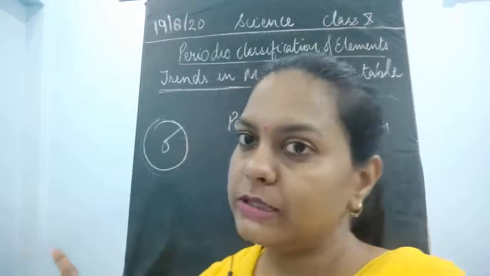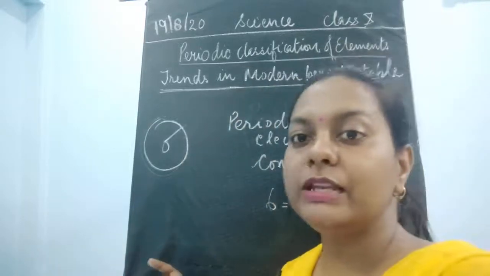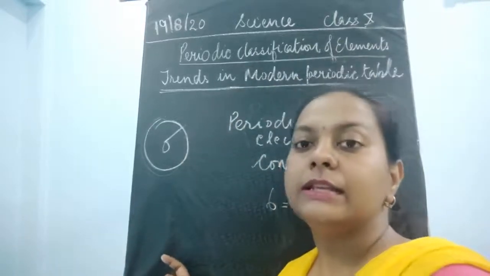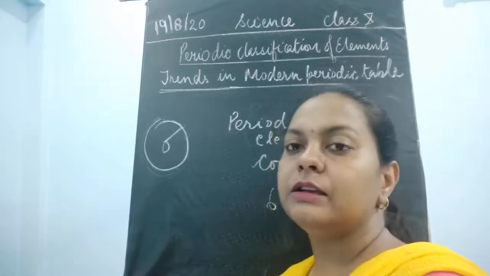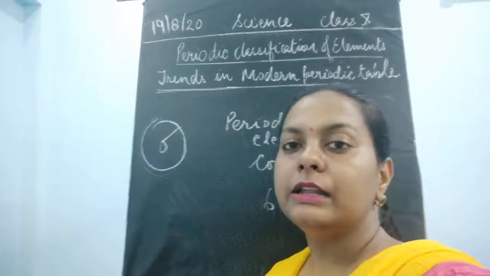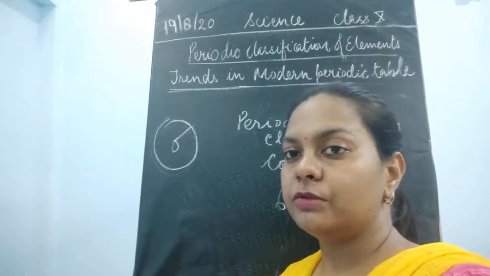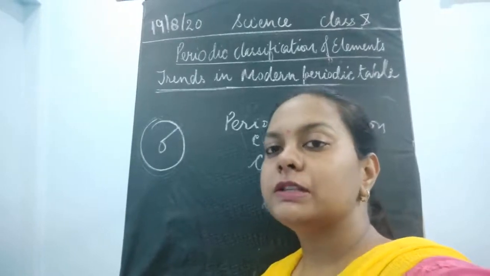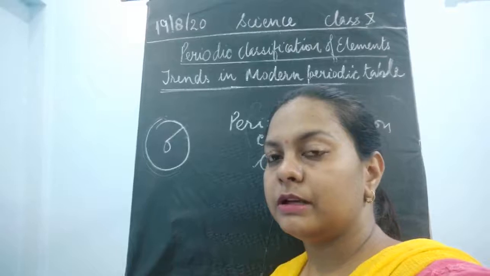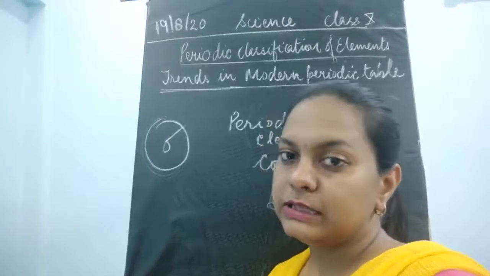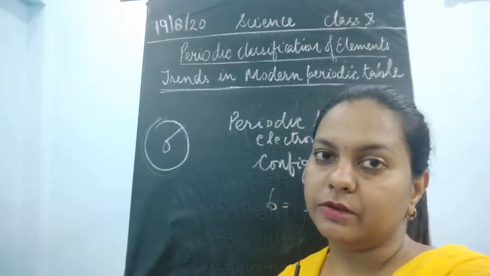We need to measure it from the center of the nucleus till the outermost electrons, okay. So, this is the size of the atom, and this also follows a particular trend, children. Okay, now what is that trend?